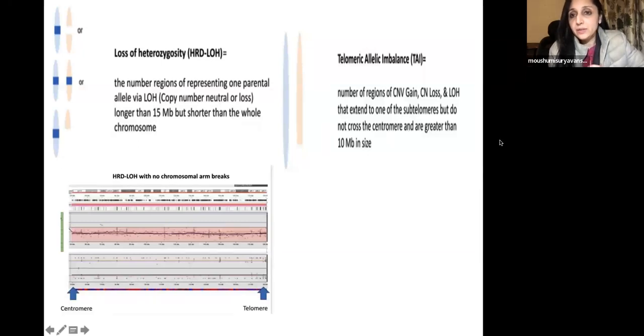Then the telomeric allelic imbalance is the number of regions which have either a copy number gain or loss, and this is extended to one of the subtelomeres, but does not cross the centromere and is greater than 10 MB in size. So that's the definition of telomeric allelic imbalance.